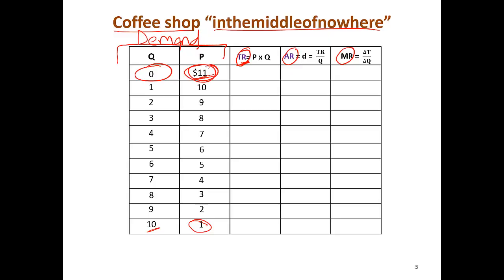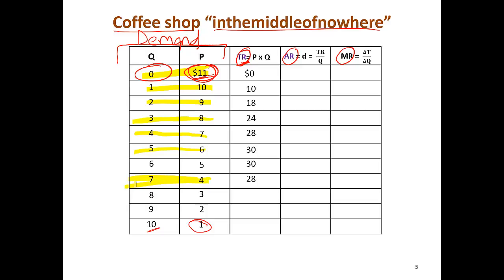So at each price level, we're going to multiply price with quantity to find the total revenue. 11 times 0 is going to be 0. 10 times 1, $10 total revenue. 9 times 2, $18. If the price of coffee is $8, you sell 3 cups, 24. $7, 4 cups, 28. $6, 5 cups, 30. $5, 6 cups, 30.